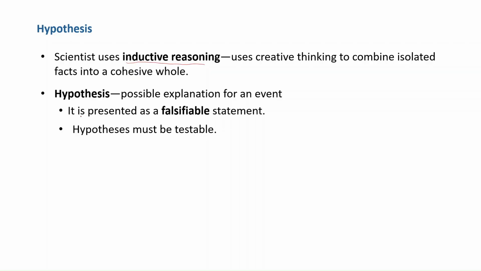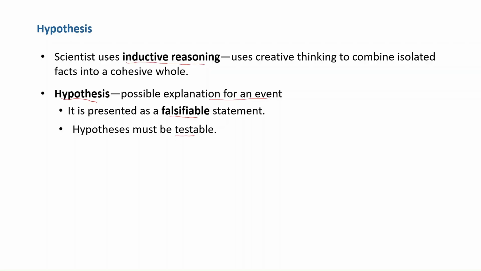So you come up with a hypothesis, a possible explanation for an event. Two things about a hypothesis: it has to be falsifiable, meaning you can say, if this hypothesis is wrong, how do I know? Well, if this is wrong, it won't make any difference. If it wasn't the light bulb and I replace it, of course I still don't have light.